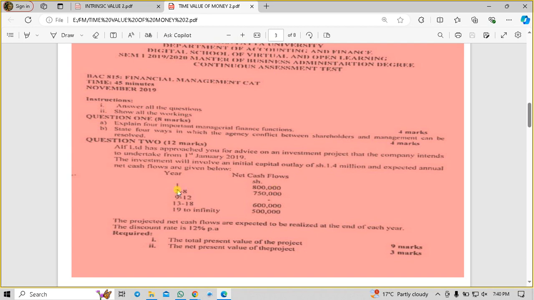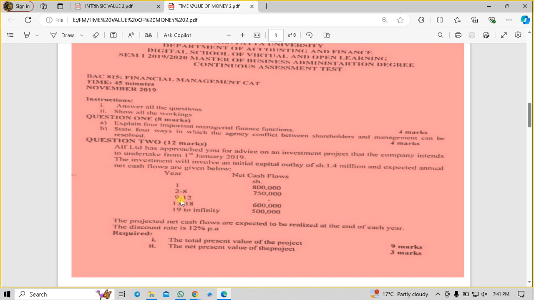Then in the second year to the 8th year, they are expecting to make 750,000 annually. It means that this investment is going to give them 750,000 from the second year of investment, the third year, the fourth year, the fifth year, up to the 8th year.